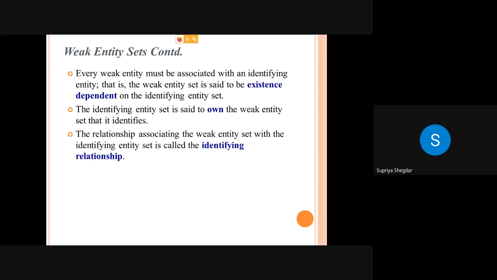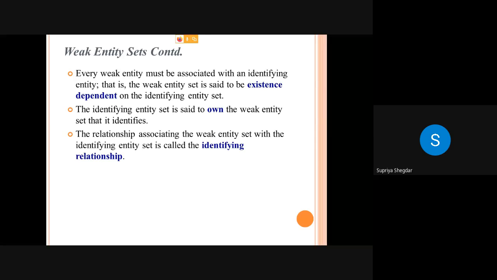The identifying entity set is said to own the weak entity set that it identifies. Means we can say that the identifying entity set owns the weak entity set, and the relationship associating the weak entity set with the identifying entity set is called the identifying relationship.